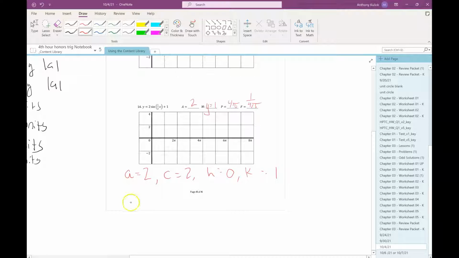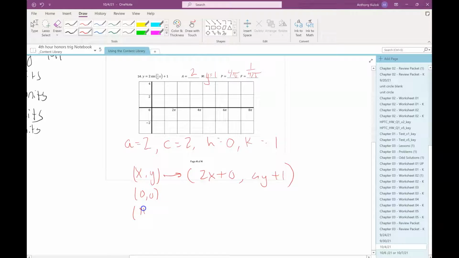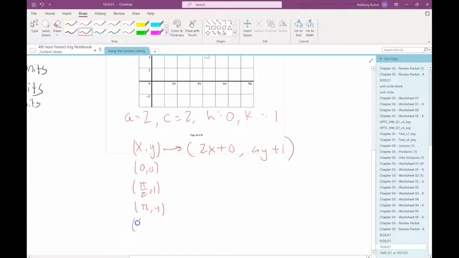And then to write my map, I do Cx plus H, Ay plus K. And then I'm going to use my key points for sine, which we gave you in the notes. That's not something I'd expect you to memorize. Those kind of things would be given to you. And then I just plug things in.